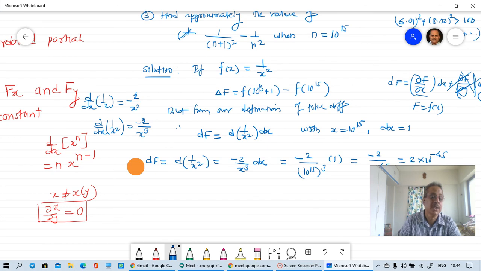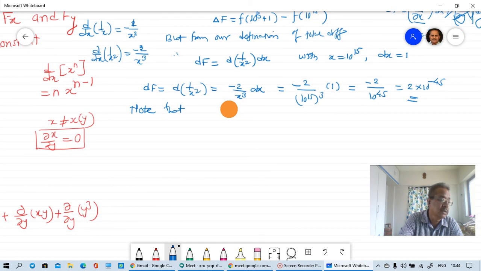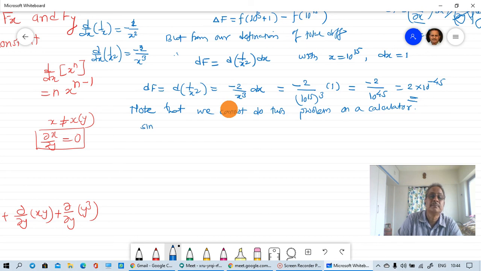So write one line here, note that we cannot do this problem on a calculator, since we are subtracting two numbers which are nearly equal to each other.